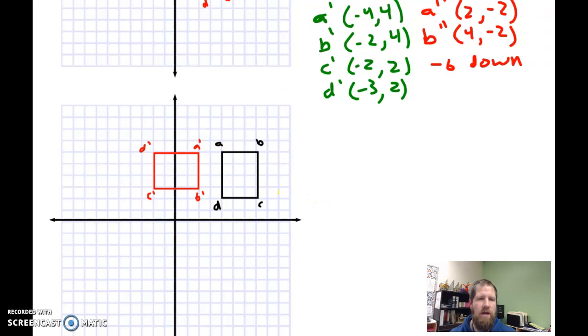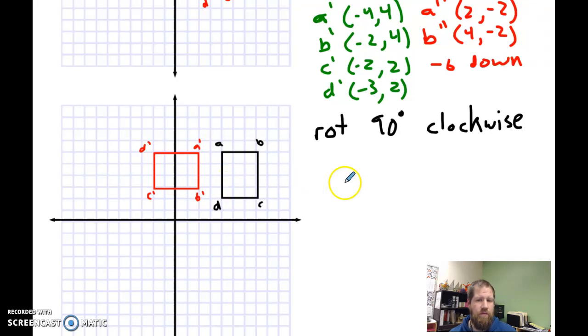So I know I've got a rotation 90-degree clockwise. And then to get it back up here, because a rotation won't move it back upwards, I'm going to have a translation. Right? So I know I'm going to have a rotation 90 degrees clockwise, and I know I'm going to have a translation.